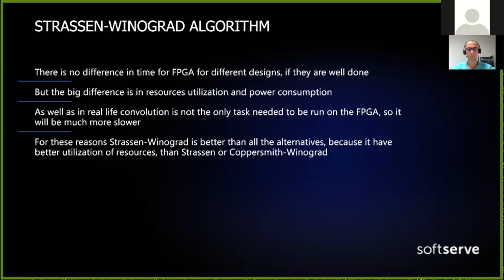And in real life, we don't use all the FPGA for the neural network, but we want to have something else on it. Other approaches can be much slower. The same about multiplication units and addition units. And for this reason, yes, Strassen and Vinograd is the best known approach to accelerate the CNN on the FPGA.